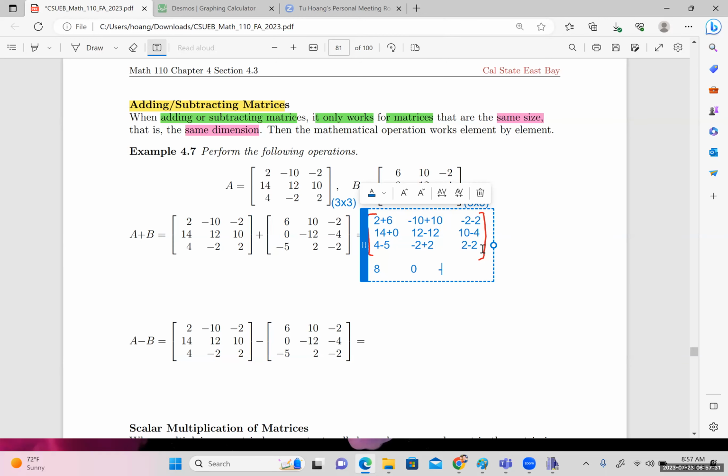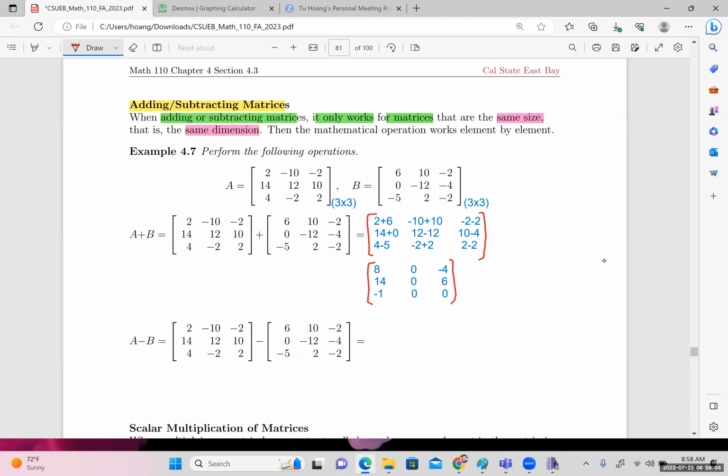This guy is gonna be -4. 14, zeros, 6, -1, 0 and 0. So that is the answer for this addition matrix.